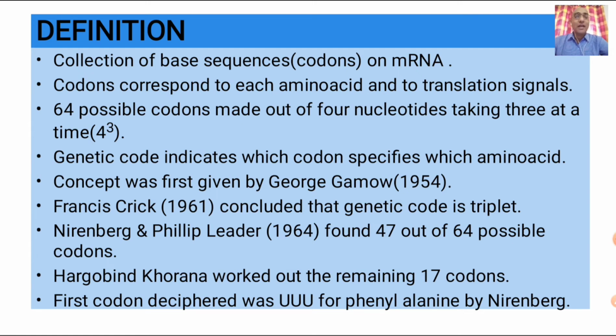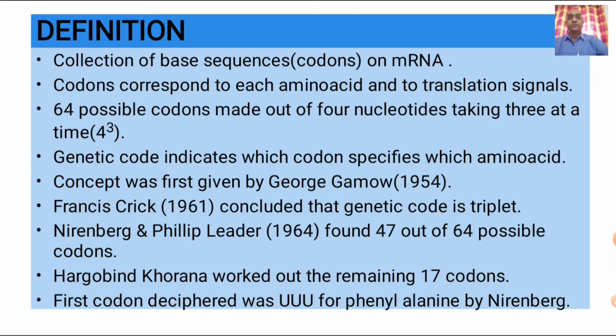Got it? So you came to know what the genetic code is. It is a collection of base sequences on mRNA, and in total there are 64 possible codons if we take 3 bases at a time.